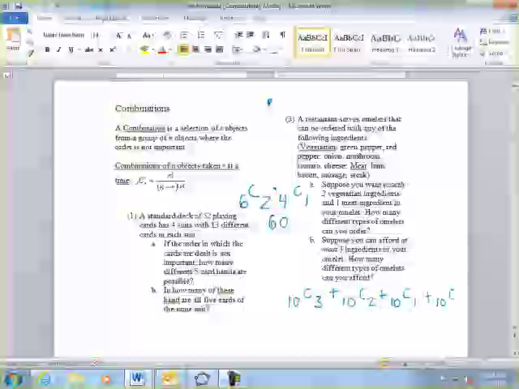Or I could pick to have no ingredients, which is really just an egg, so I wouldn't so much call that an omelet, but it's an option. And so we could calculate each of those individually and then add them together. When it says at most, that means you need to consider the options of not taking the full amount. So we don't have to buy 3 just because we can afford 3.